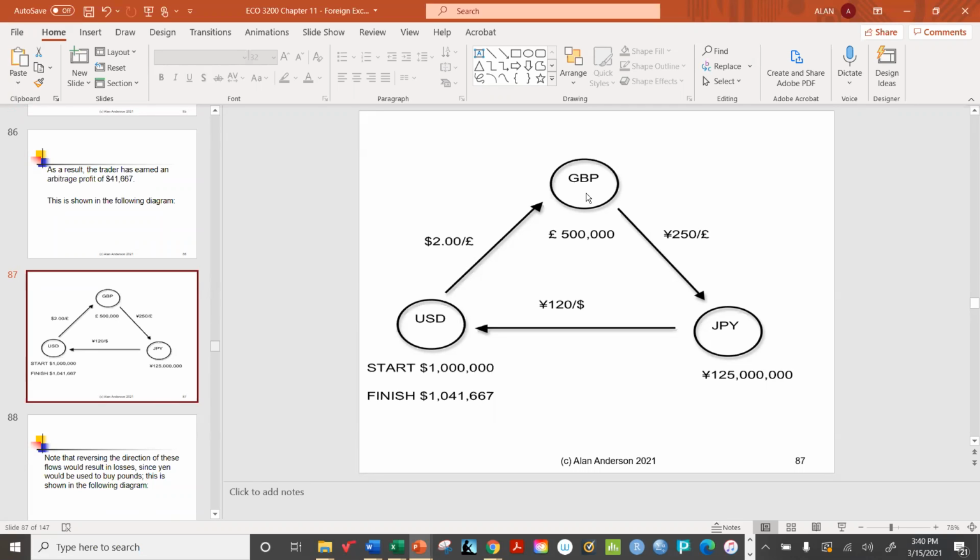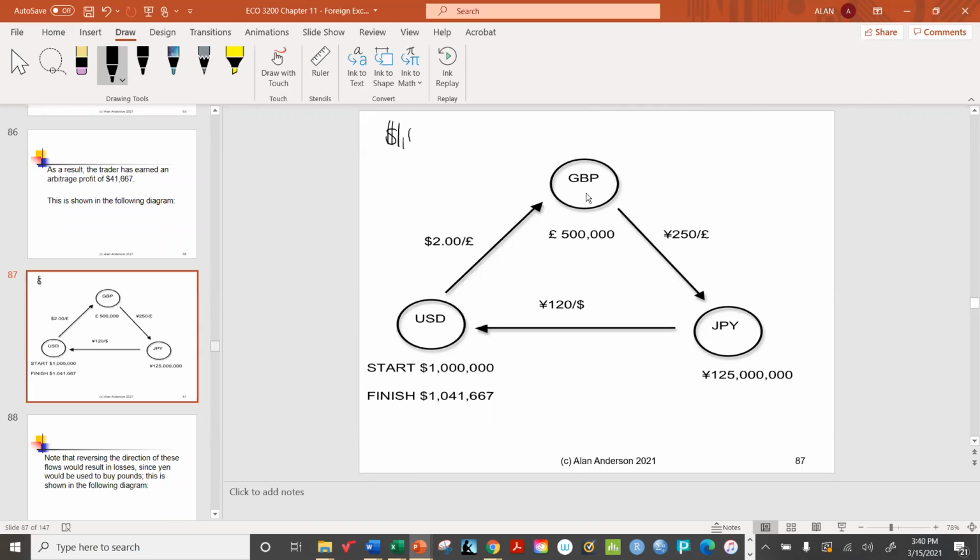And by doing that, $1 million divided by $2 per pound is going to give me 500,000 pounds. Okay, 500,000 pounds. So I'm basically going to the dealer in London and trading my foreign exchange dealer, that is, my $1 million for 500,000 pounds.